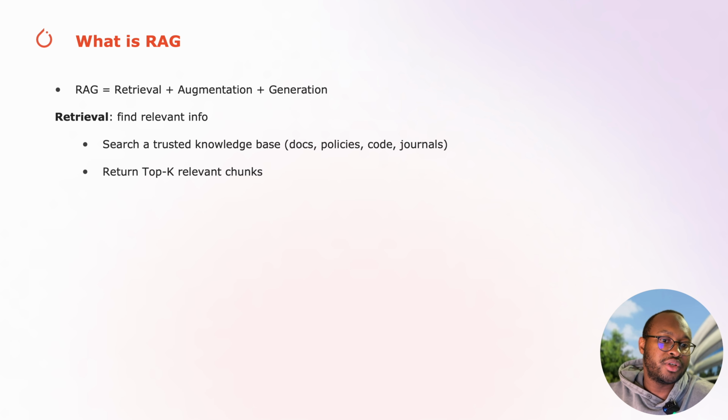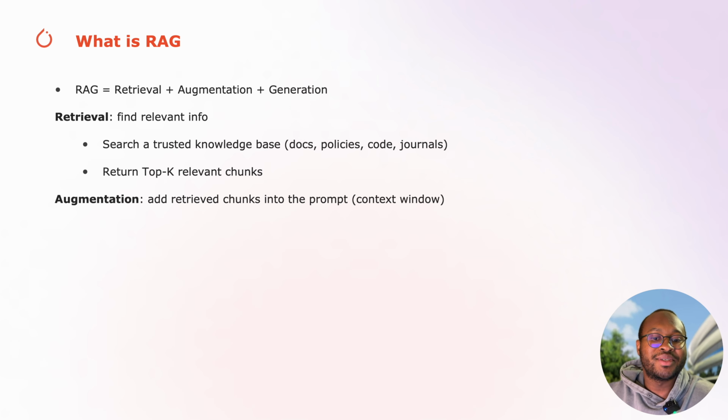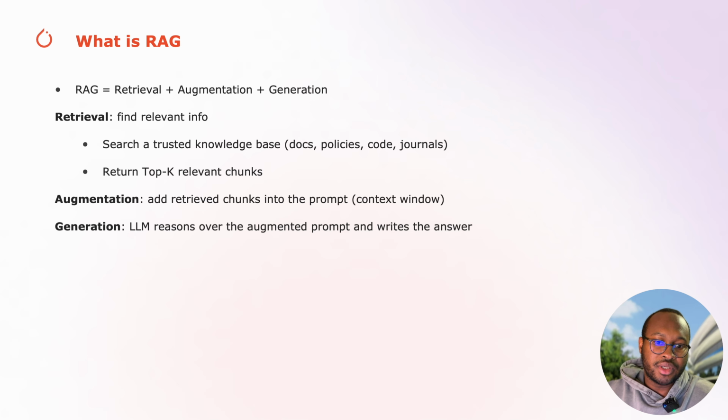So the retriever returns the top k relevant chunks or data or documents regarding your prompt, so that we can give better context to an LLM. Augmentation is for the fact that when we retrieve those documents, we append them to the original prompt to be sent to an LLM. And generation is for the fact that the LLM generates a response.